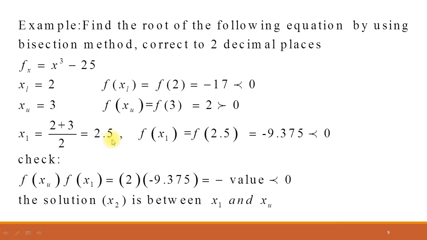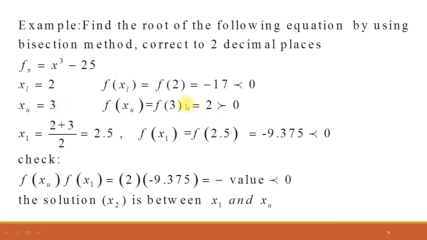Now put this x1 in the given equation. The function at 2.5 is equal to minus 9.375. So dear students, note that the function has negative sign at this x1. Now to find the next root x2, check the sign of the function at x1 and at the previous root. The function has negative sign at x1 and opposite sign at xu.